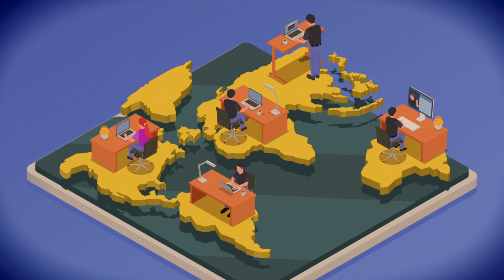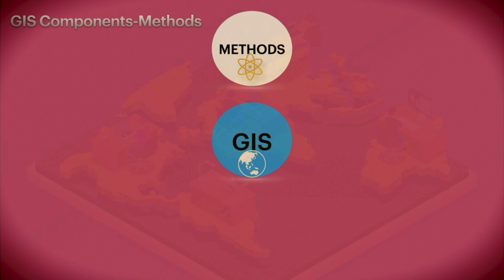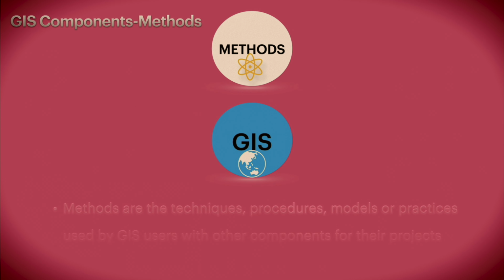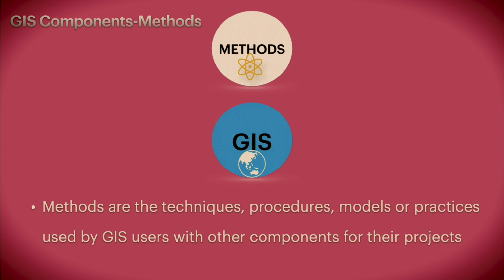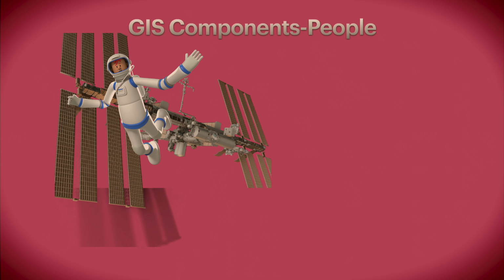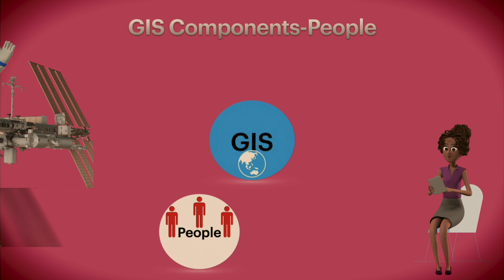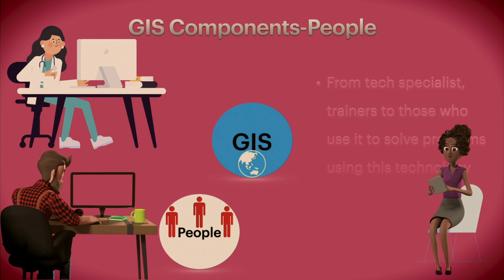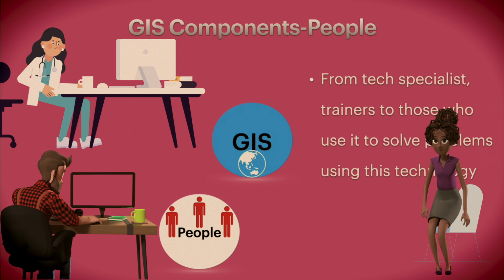Methods are techniques, procedures, models, or practices used by GIS users with other components for their projects. And people, from tech specialists and trainers to those who use it to solve problems using GIS technology.